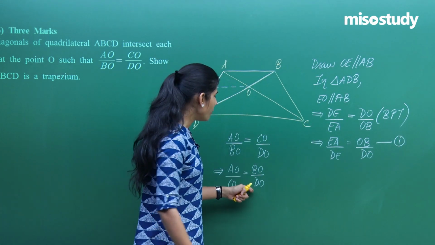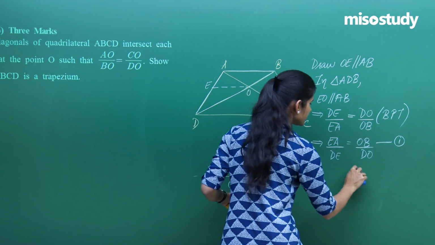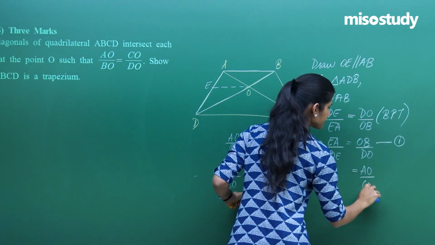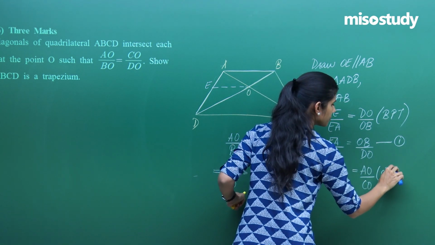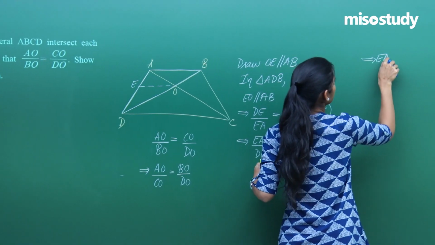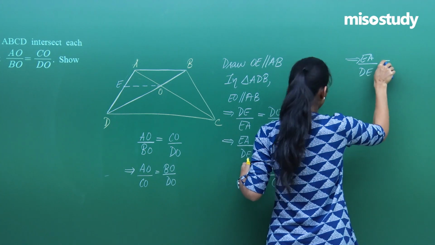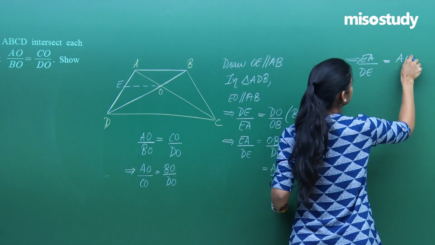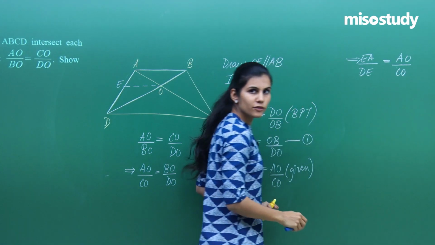But OB upon DO is given equal to AO upon CO. So I have got EA upon DE is equal to AO upon CO. What have you got?